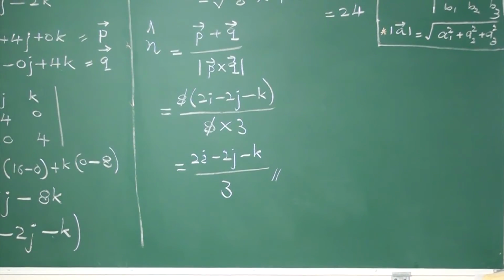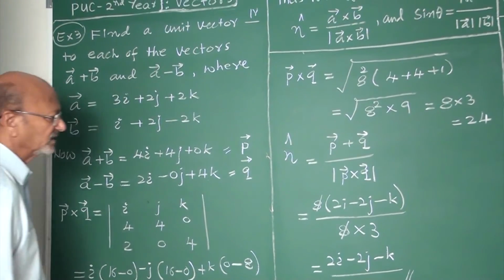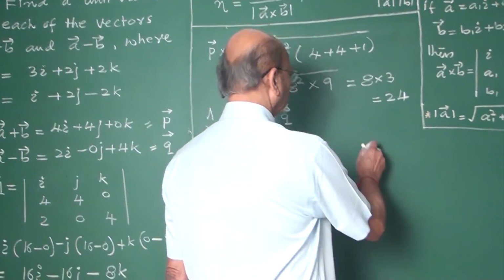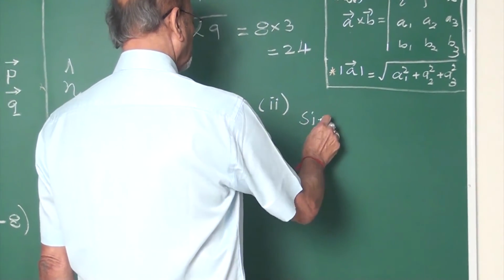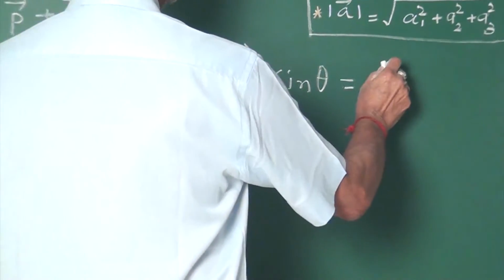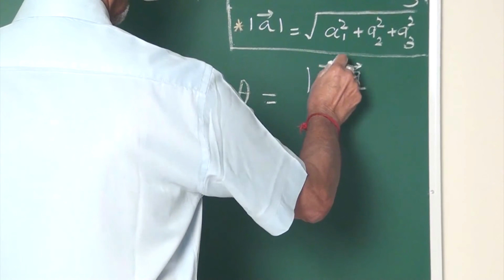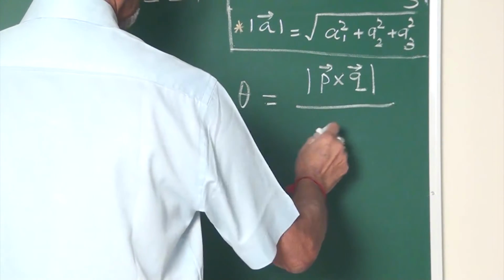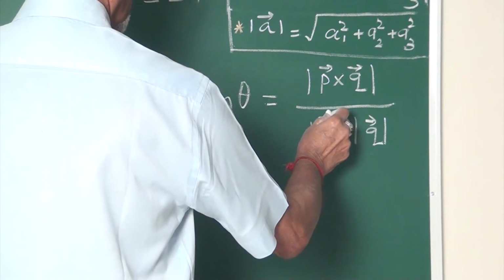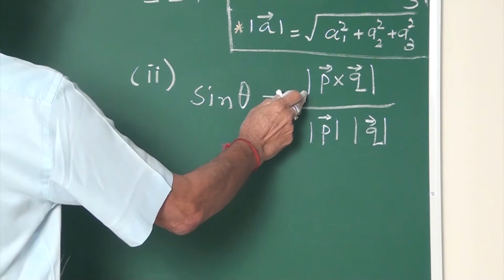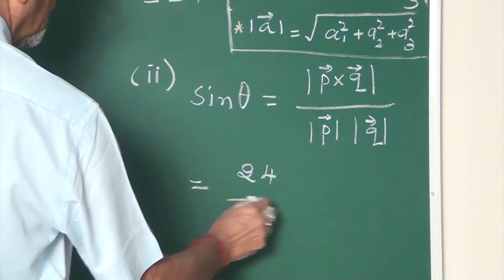Now, if you want the sine of the angle between A plus B and A minus B, the sine of the angle is the magnitude of P cross Q in the numerator, and the denominator is magnitude of P into magnitude of Q. The numerator is 24, or 8 into 3 you can write.